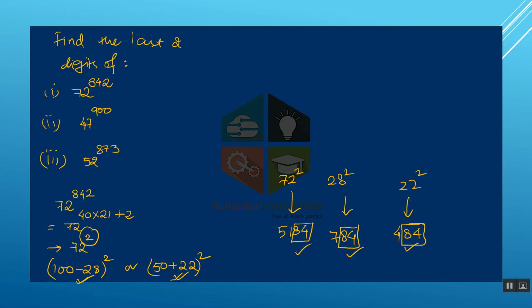So this was one case, but we have to solve many kinds of questions, and the situations in all questions are different. So we'll learn all the situations. This was one situation, 72 raised to the power 842, and after applying that 40k plus r trick, the remaining r was 2, which was a very small number, and this question was easy for us, so we did it this way.